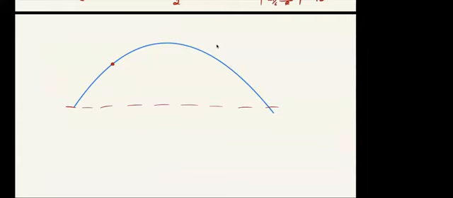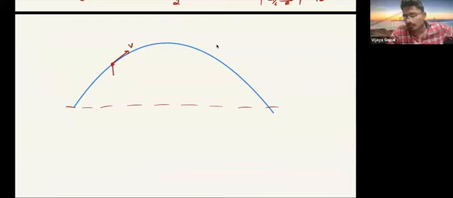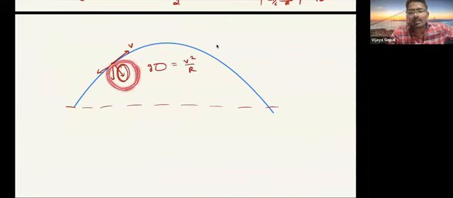First, we have to find the velocity and then resolve gravity perpendicular and along the velocity. The perpendicular component is our centripetal acceleration. Just equate that g component to v square by r, and you are going to get the radius of curvature at this instant.